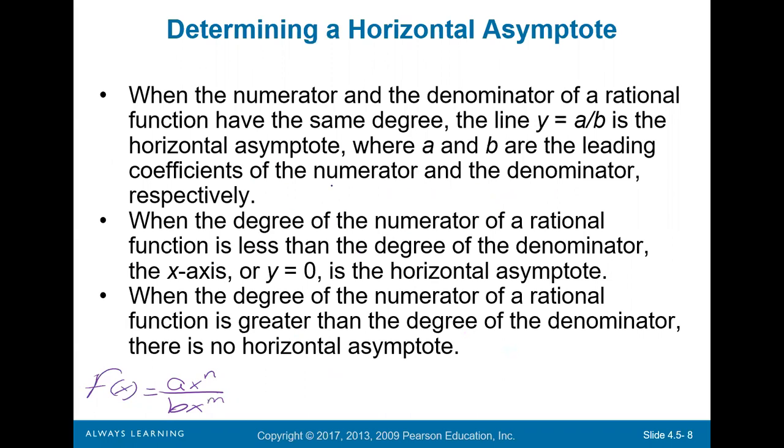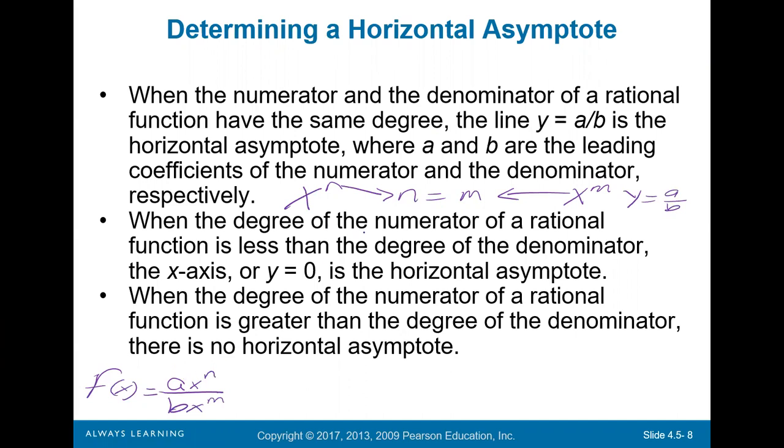What is this telling me? When my x to the n, that came from my numerator, when that power n is equal to the power from the denominator, then we're left with the coefficients a over b. What is a over b? That's the coefficients on the variable terms you see over here.